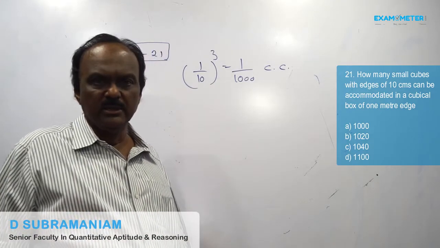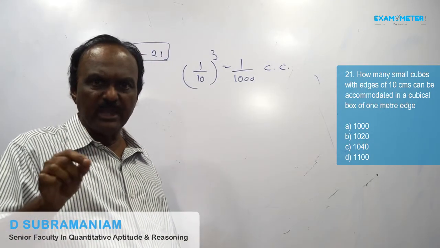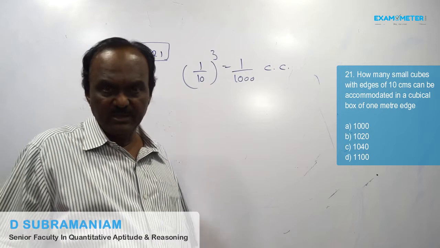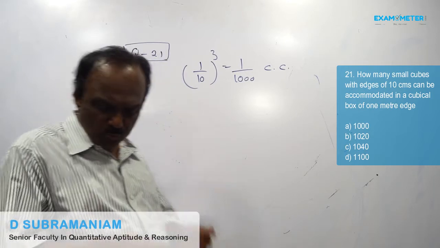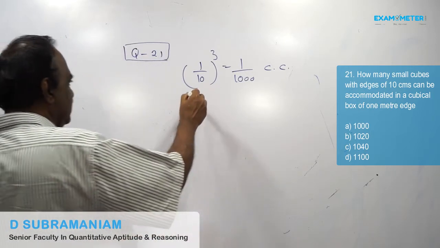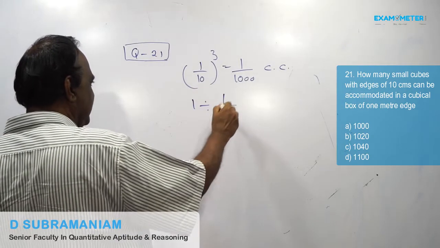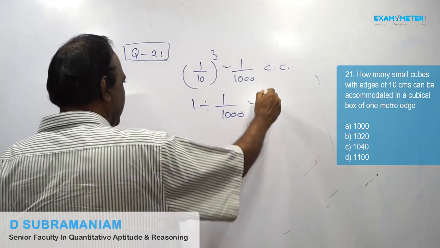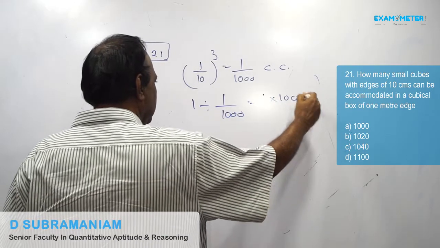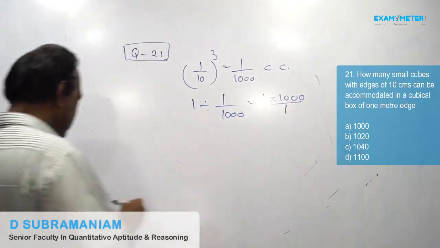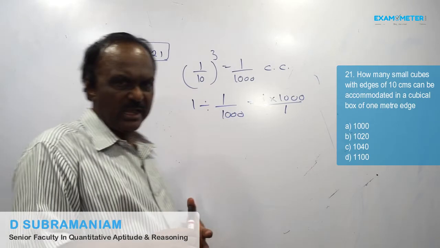Therefore, number of cubes that can be accommodated is equal to 1 divided by 1 by 1000, that is 1 into 1000 by 1, that is 1000. So answer is 1000.